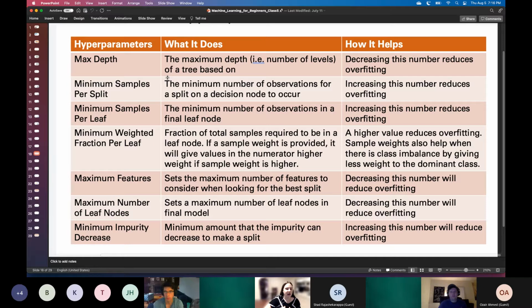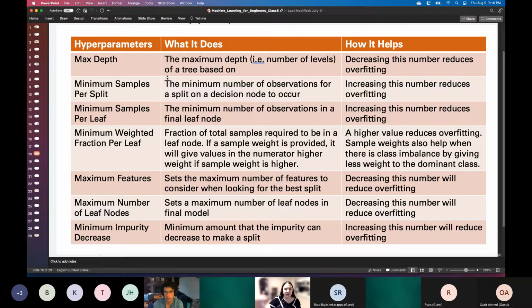So for the observations in your data, if you set it as 10 and for that next split you have 9 samples, it's going to stop and go with the result that you had after the previous split.